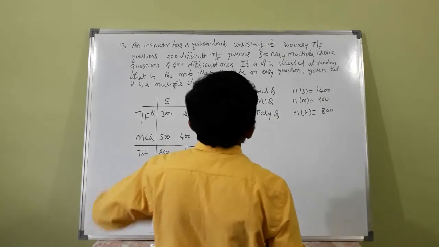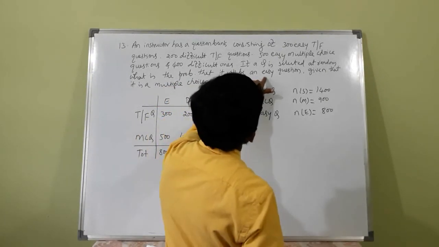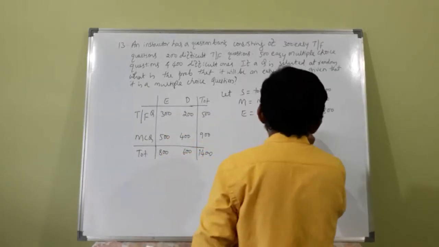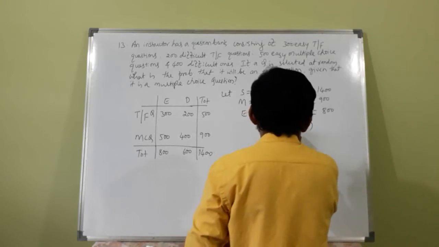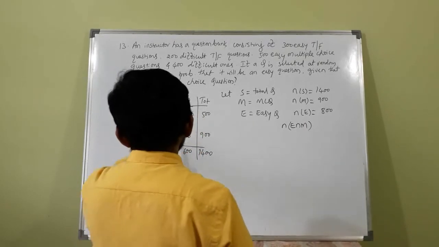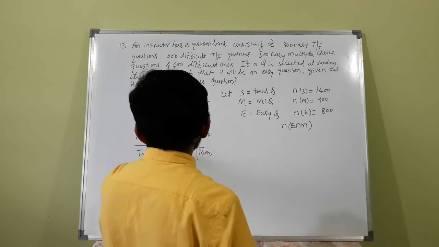Okay. If a question is selected at random, it will be easy given that it is multiple. That means you have to find E intersection M, easy questions among multiple choice. Multiple choice easy question is 500.